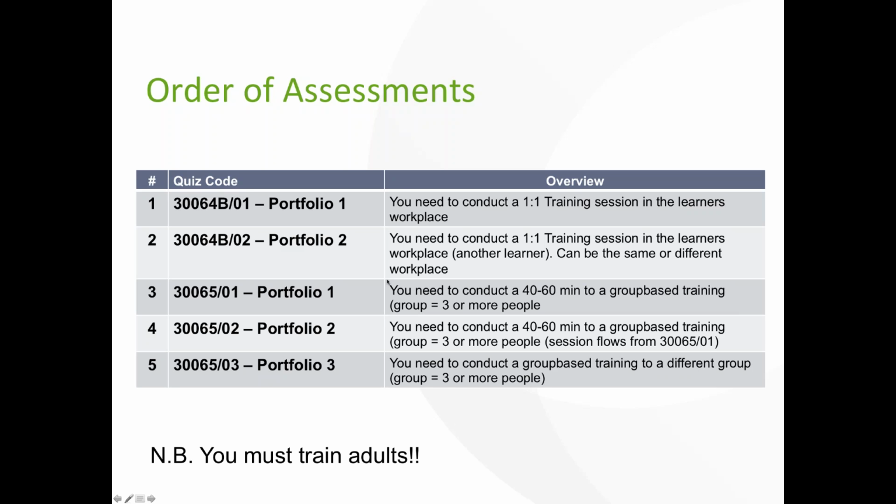For these assessments though, you must train adults, and if you are considering training anybody below the age of 18, I'd probably suggest to contact Helen, the trainer in Study Period 2, or Jess, our course coordinator, or myself, just to make sure what you are suggesting is okay.